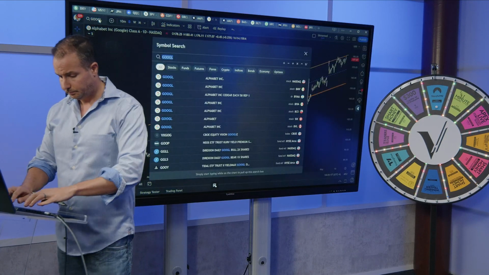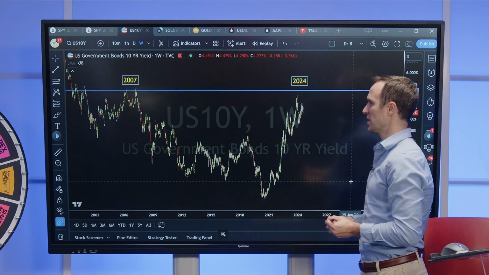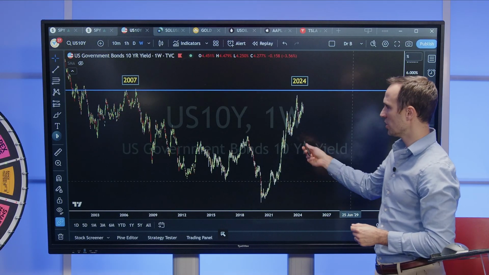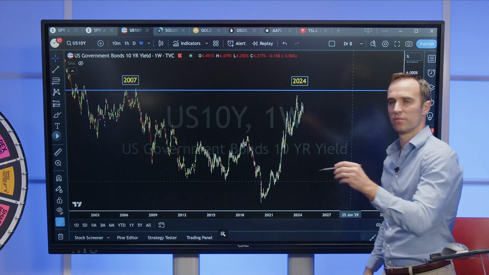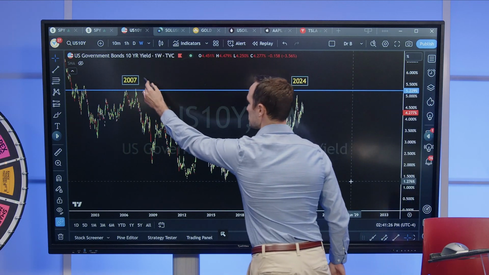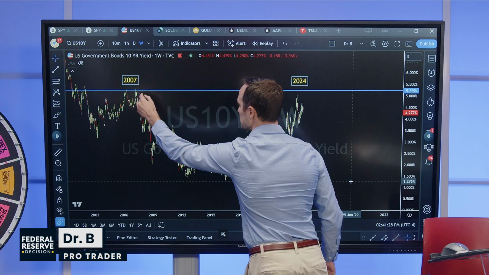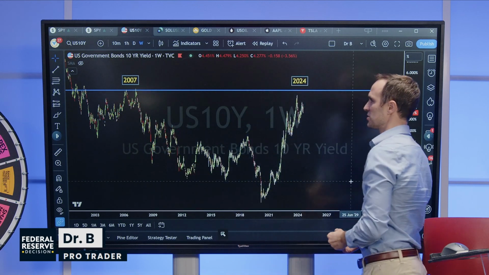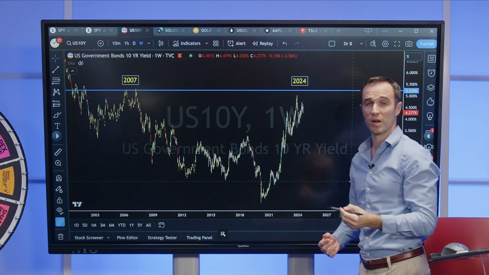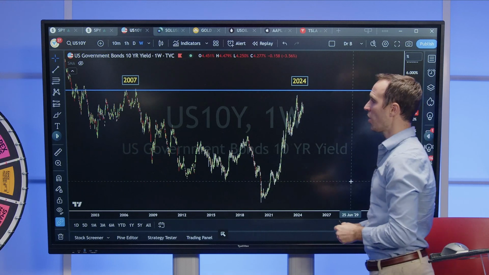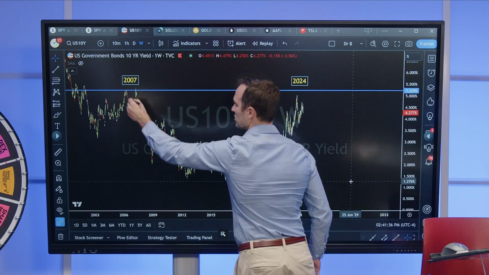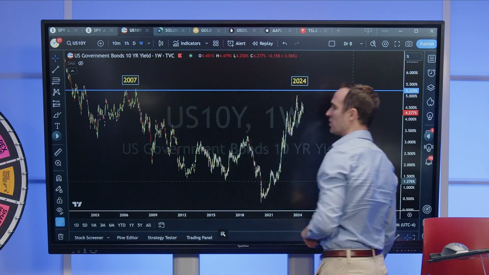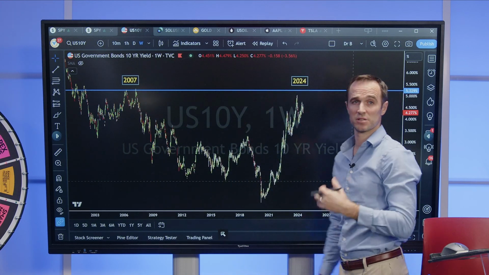I just want to point out something here on the U.S. 10-year. If you look, this is the weekly chart, and I have the dates up here, right? This is 2007. This is where rates topped out around 2006, 2007, and that was right before the Great Recession. So all of these high rates were putting pressure on the economy, which then caused the collapse.